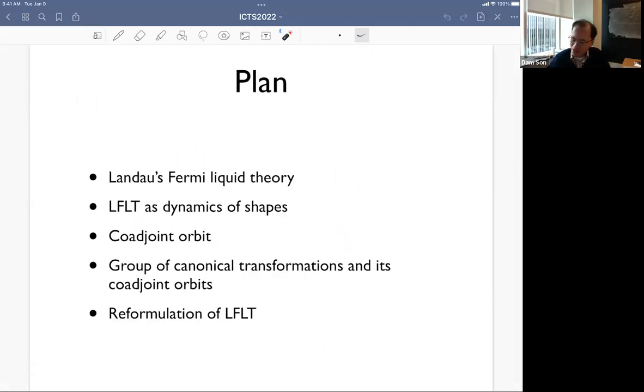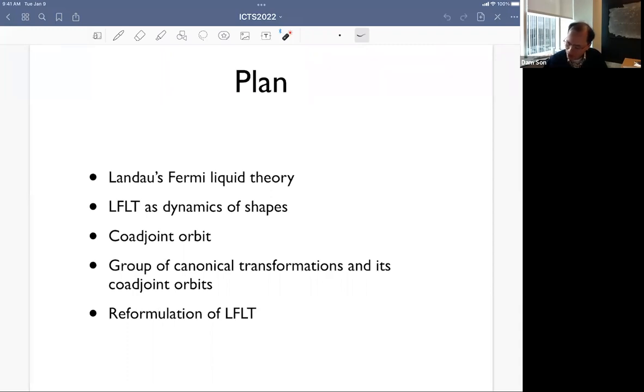I'm going to first remind the audience about the Fermi liquid theory as formulated by Landau. In particular, I want to emphasize an aspect of the Landau Fermi liquid theory: that it can be thought of as a classical theory describing the dynamics of the shape of the Fermi surface, and then we will see how the method of a coadjoint orbit works.